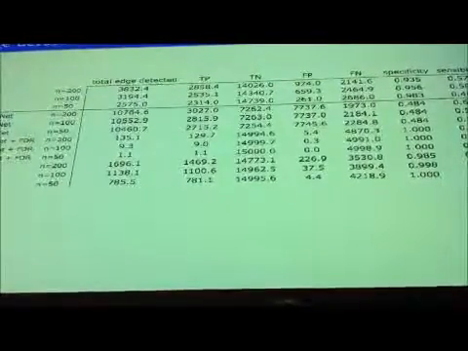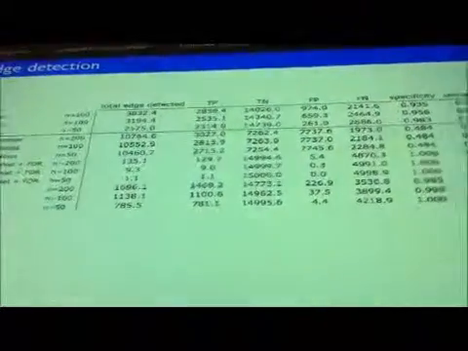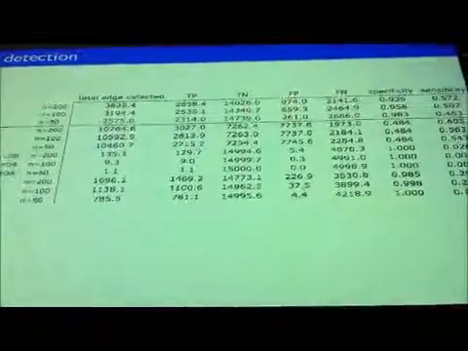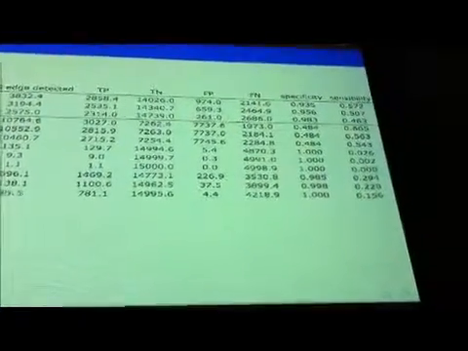Now in terms of edge detection, I reported in this table the true positive, true negative, false positive, false negative, specificity and sensibility. What we call a true positive is a true edge detection, so a true non-zero entry in the matrix.